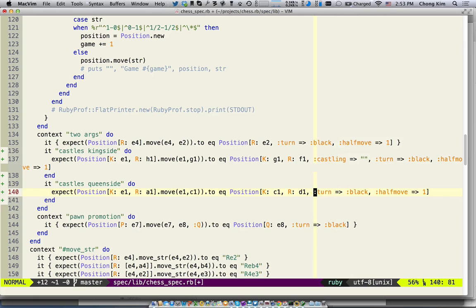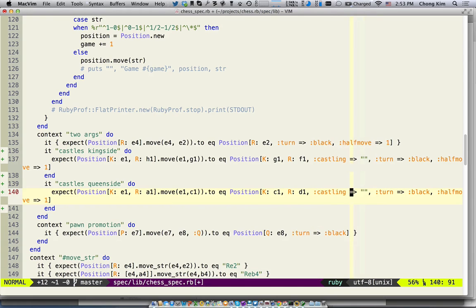Okay, and in this case, same thing. Since we don't have any black pieces, black castling should not be enabled, and because we already castled, that should also mean that the king can't castle in either direction.